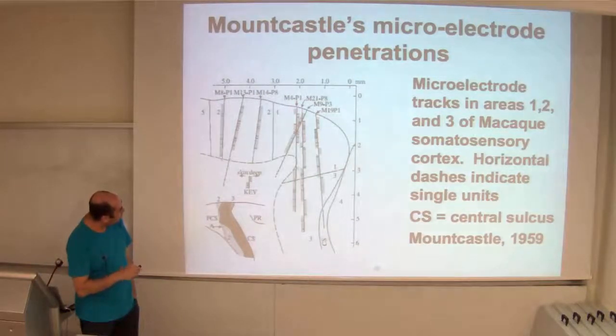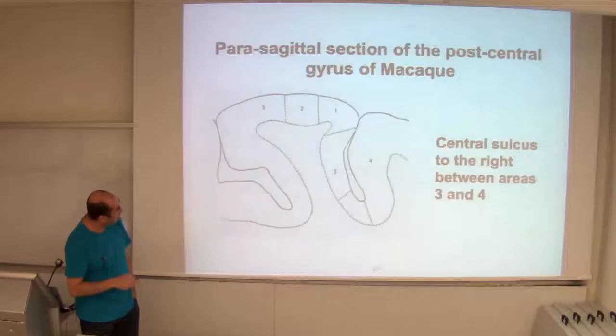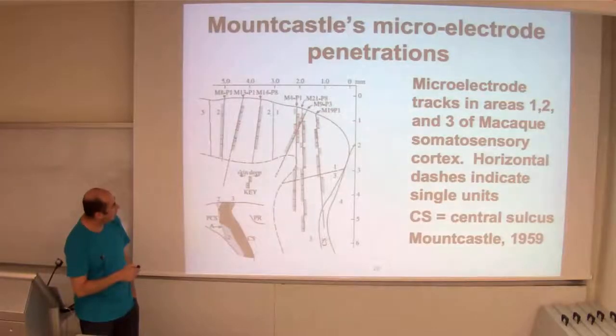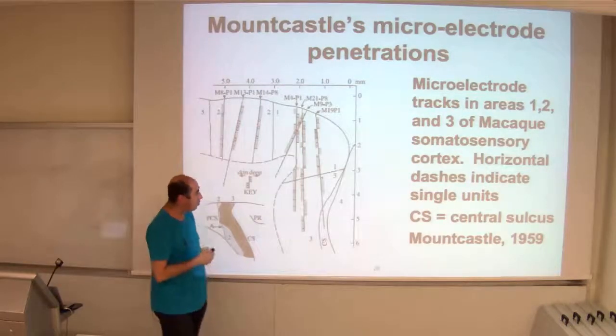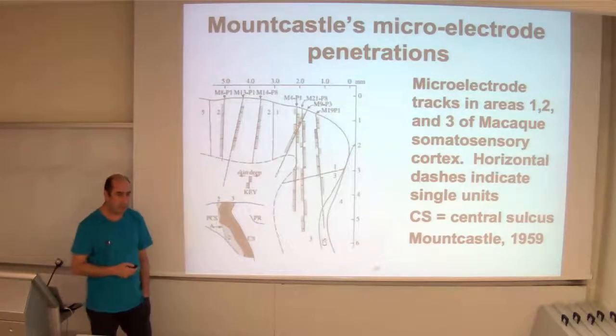And remember that the cortex is folding in. So if you go perpendicular to the cortex, you stay in one column, but if you go at an angle, then you go through different columns, if you like. And the type of modality changes with the depth of the penetration.